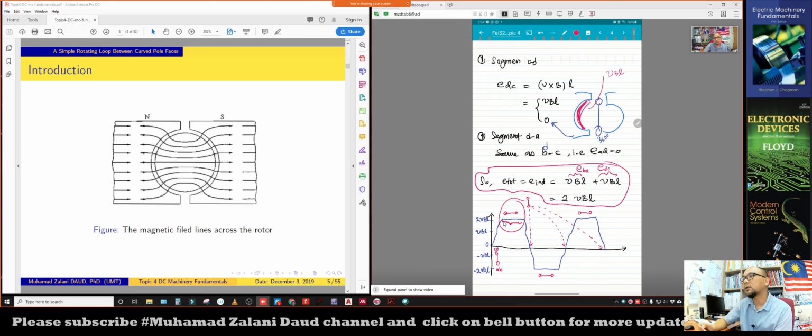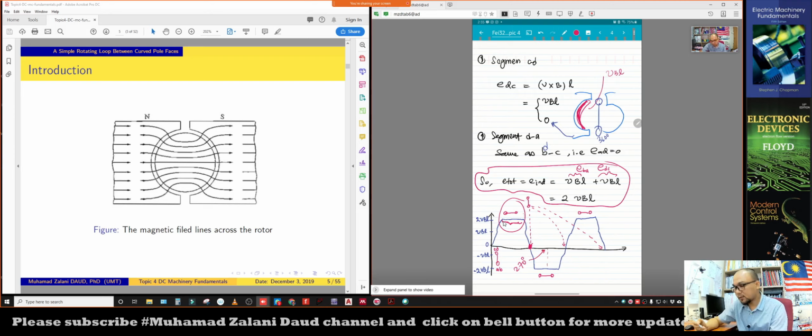which is almost a long period of time, as you can see, with 2 VBL, and then it drops when it reaches 180 degrees and also 360 degrees. At 360 degrees and 180 degrees, it turns to 0 and then turns negative around, for example, 270 degrees, somewhere here, right?